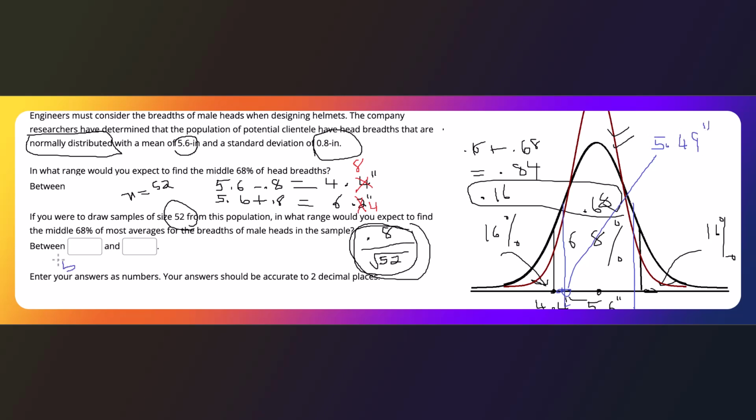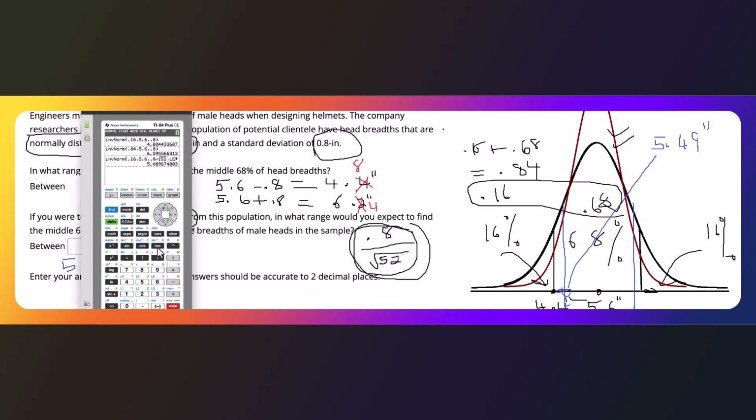Or you could have gone by that 97% rule, but this is more general. And when you go to the other side, what you can do is just say second enter.